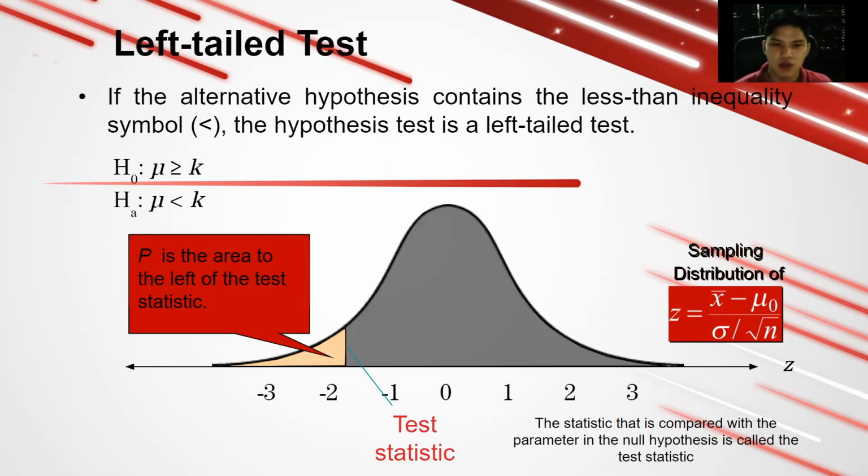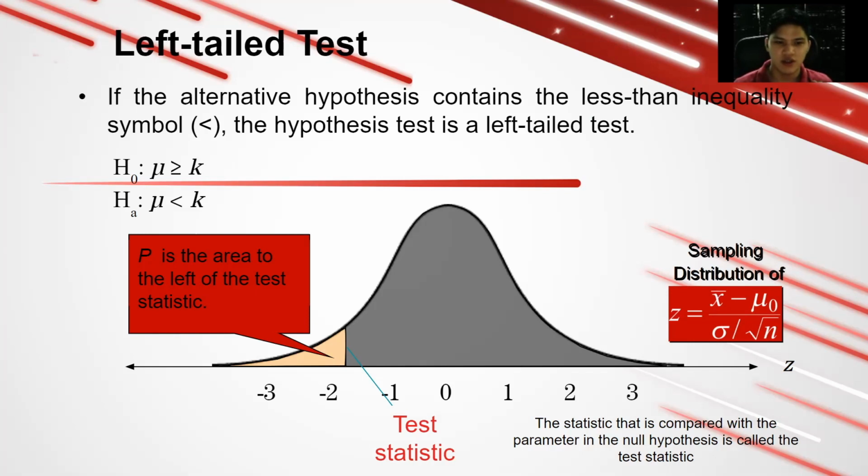So just remember that if the alternative hypothesis contains the less than inequality symbol, this is a left-tailed test. Less than inequality symbol is equal to a left-tailed test. Now remember, this is only on the basis of the alternative hypothesis, not the null hypothesis. So just remember that. L is to L, basically.